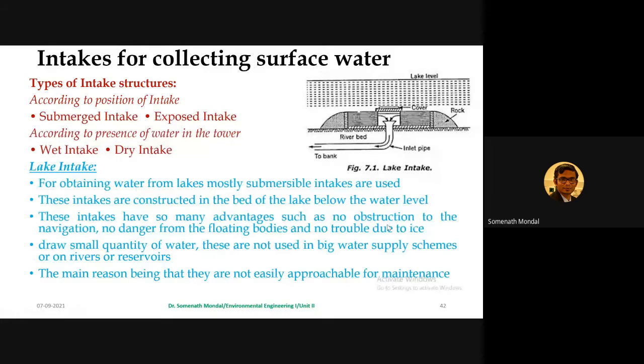From the figure itself you can understand this, because in the top right of the figure we have shown the lake level, that means the water level in that lake, and you can see how the structures are constructed, and from there you can understand that this is a submerged one. For obtaining water from lakes, mostly submersible intakes are used.